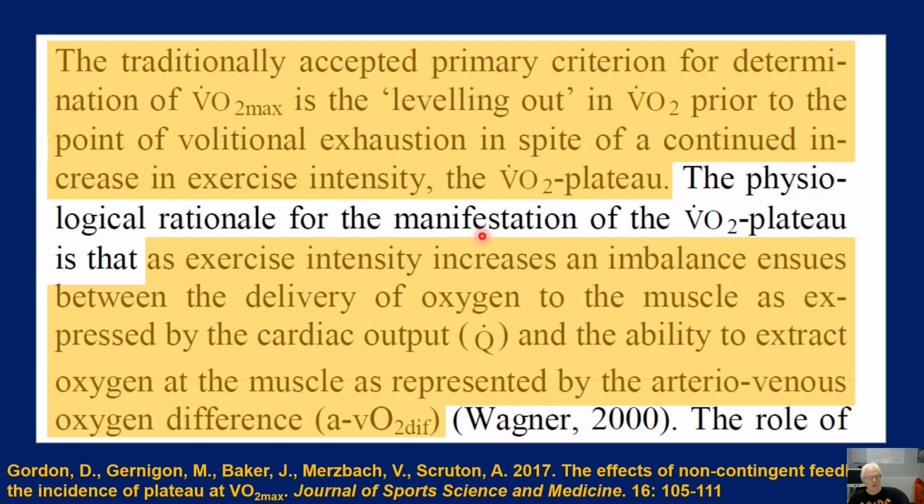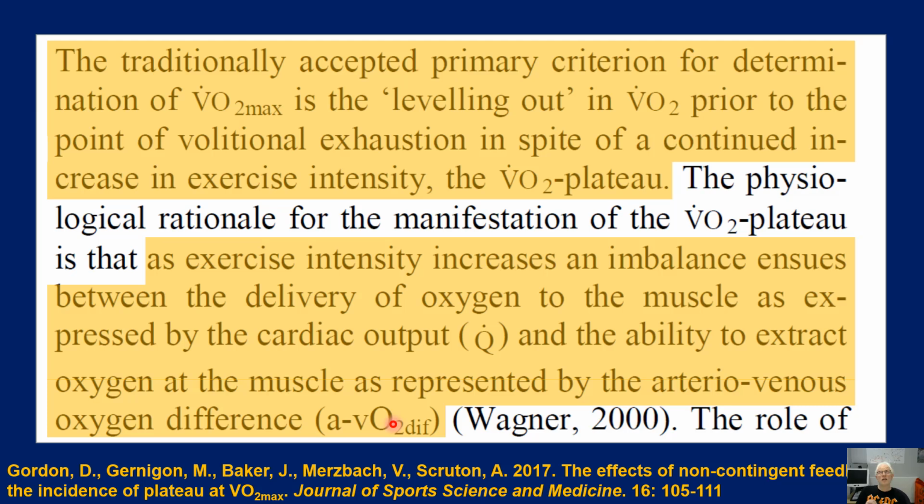The physiological rationale for the manifestation of the VO2 plateau is that as exercise intensity increases, an imbalance ensues between the delivery of oxygen to the muscle as expressed by the cardiac output, that is Q, and the ability to extract oxygen at the muscle as represented by the arteriovenous oxygen difference, the AVO2 diff. So fundamentally, the ability to produce a plateau is linked to the levelling out in cardiac output and AVO2 difference.